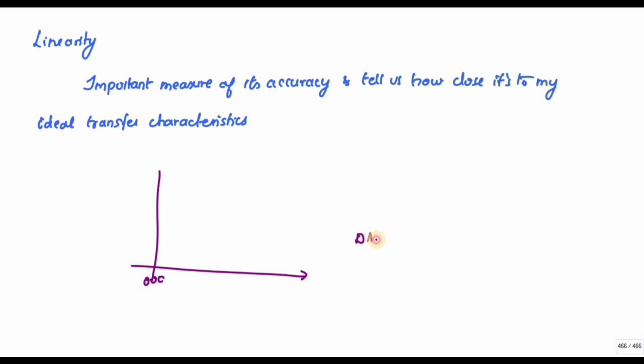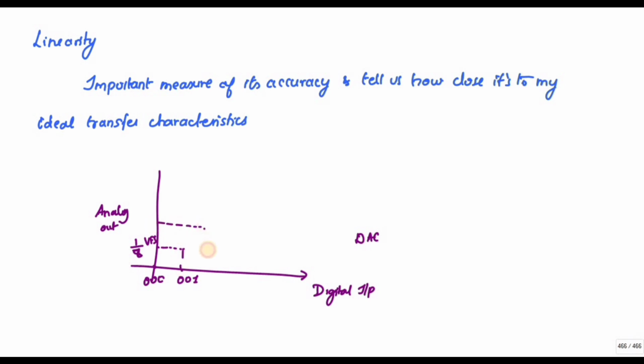So if you see, this is for DAC. For DAC, digital is my input, right? So this is my input and analog is my output. For 0 0 0, it will produce output like this. For 0 0 1, since it is a 3-bit value, you have to get 1 divided by 8 of my full scale value, right?